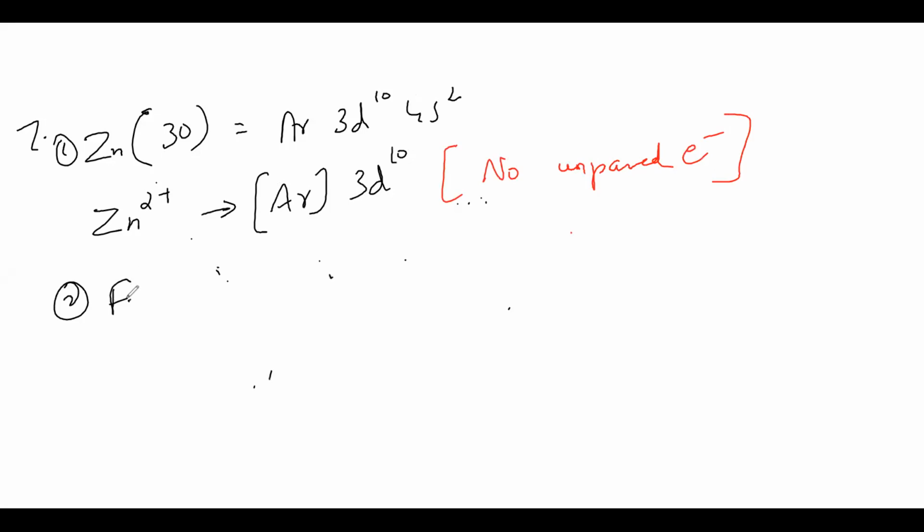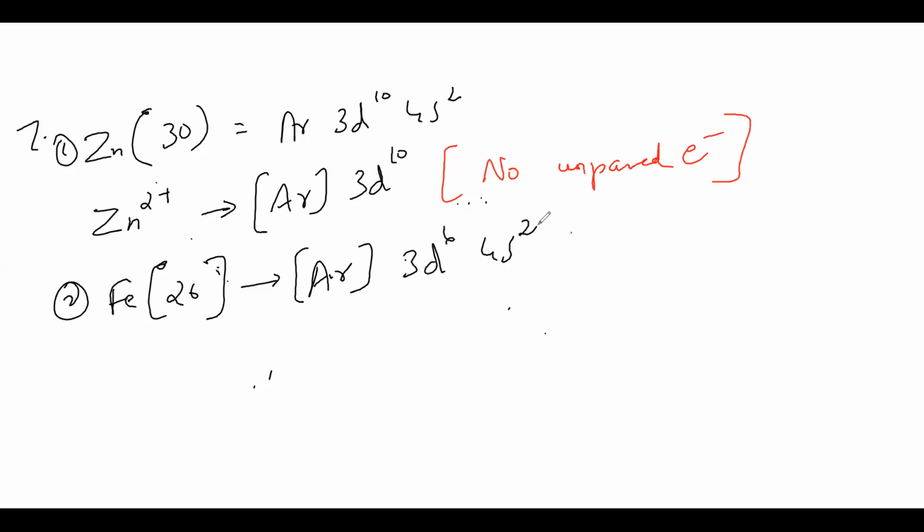Second one, iron. Fe26. Again take argon. 3d6 4s2. Correct. If it is Fe2+, it will become what? Argon 3d6.